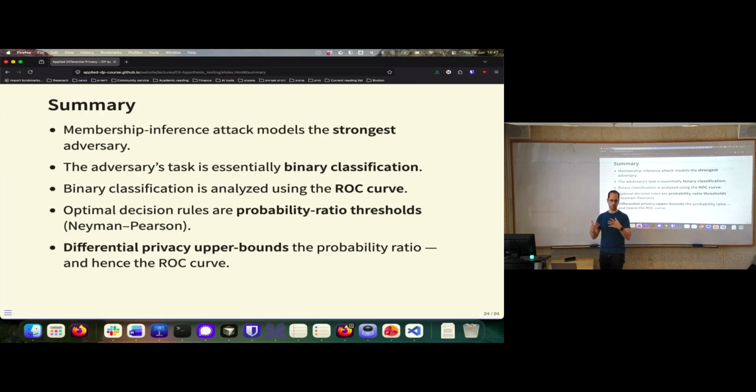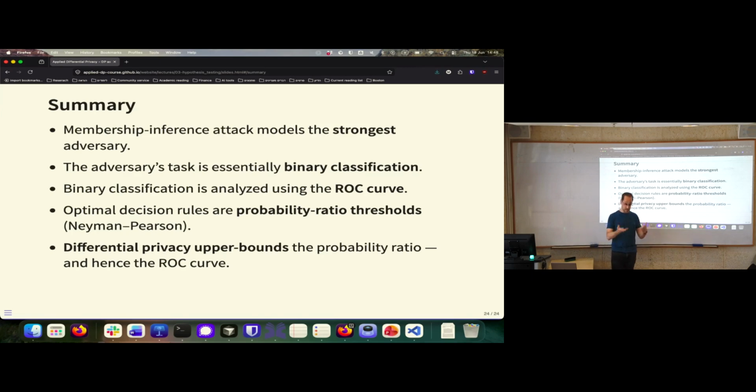I want to know if a certain element was in the data set. Because we assume the strongest adversary, this boils down to a binary classification, and they don't have any other part they need to consider. Binary classification is quantified by an ROC curve. Similarly, in hypothesis testing, they call it a trade-off function.